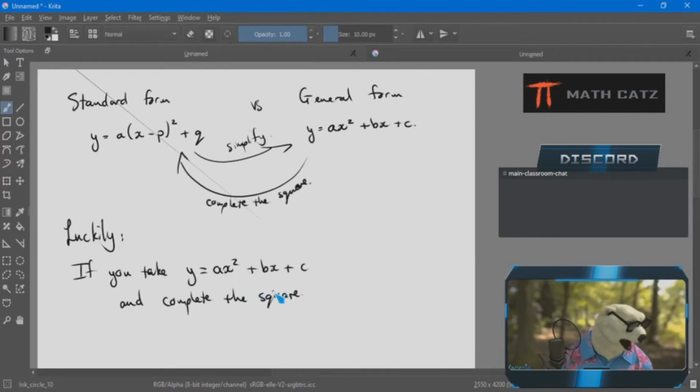It takes a long time. You just have to slowly be keeping track of everything. Then we get that the p is negative b over 2a.